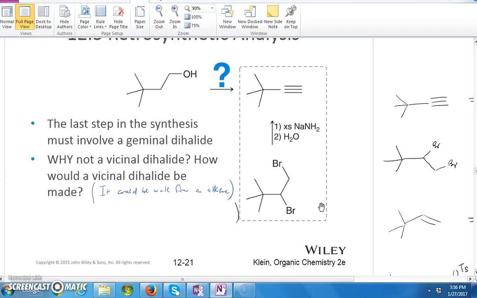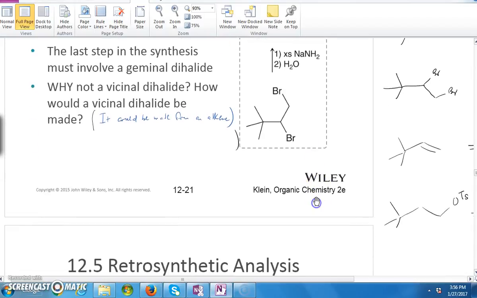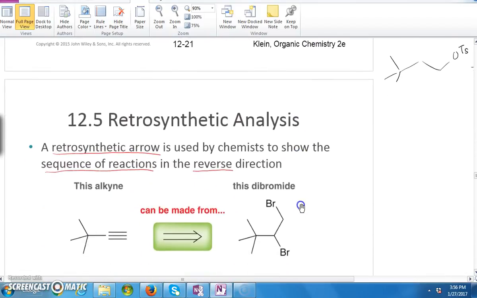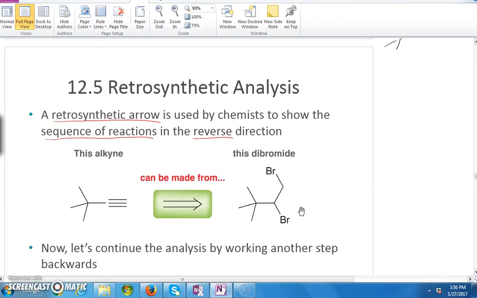All right. So the synthetic arrow is used by chemists to show the sequence of reactions in the reverse direction. So this is a dibromide, and in other words, the alkyne can be made from the vicinal dibromide.